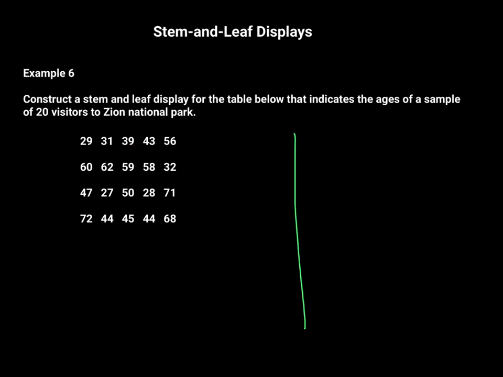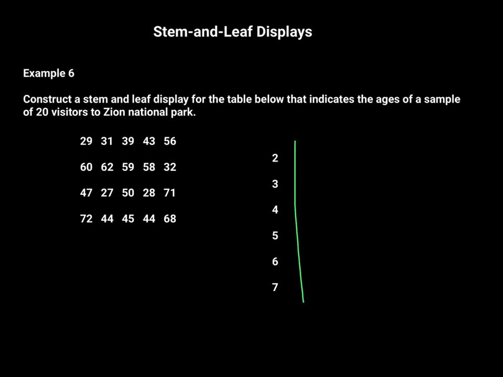Okay, now the youngest age here is 29, and the oldest age here is 72. So what we're going to do is list these values from least to greatest.